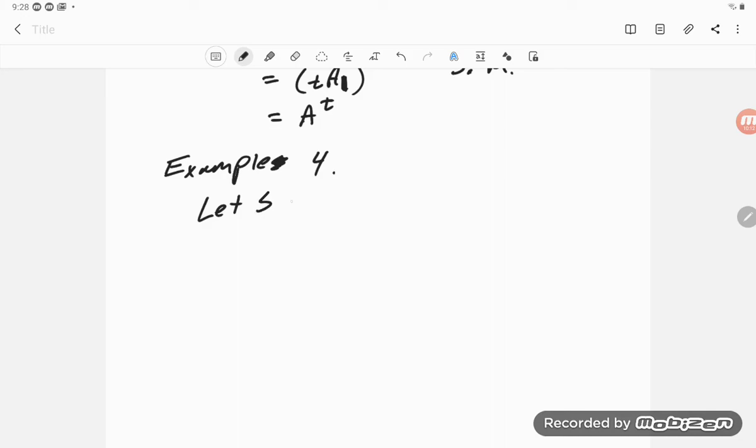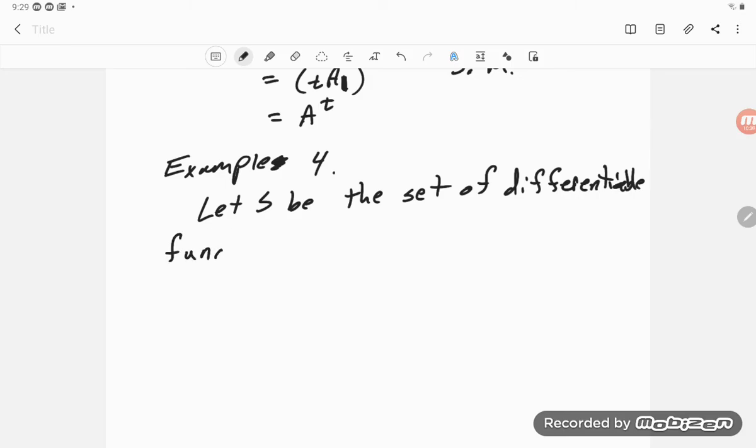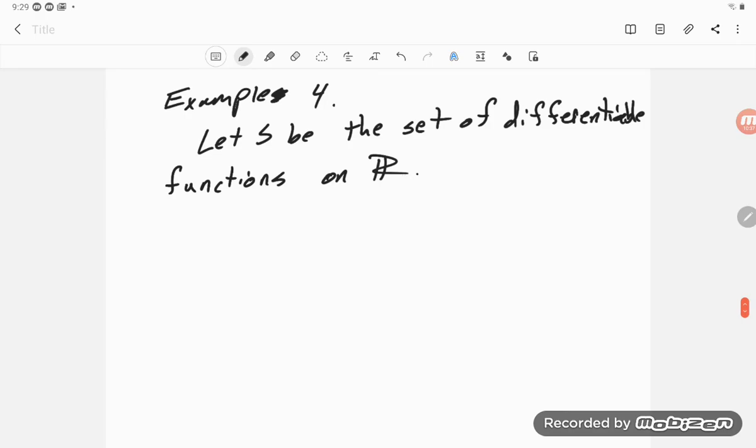Let S be the set of differentiable functions on the real line, on R. Okay, so 1, how about f of x equals 0, identically 0?